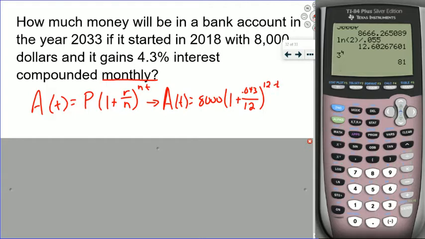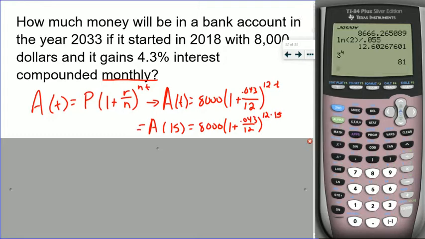So we're going to evaluate A of how many years pass between 2018 and 2033. Well, that's 15 years. 15 years equals 8,000 times 1 plus 0.043 over 12 to the 12 times 15 power. So we're going to hammer that into our calculator, and we're going to get a number.